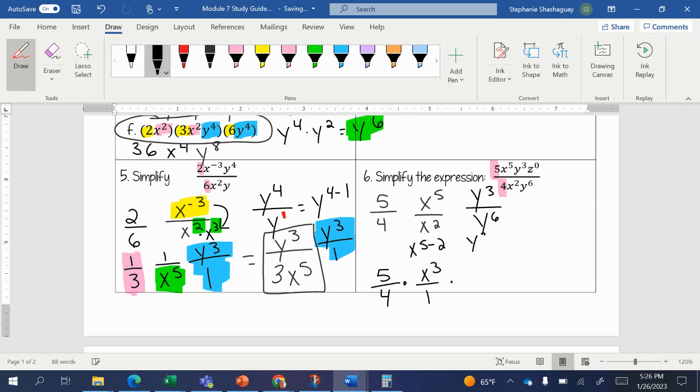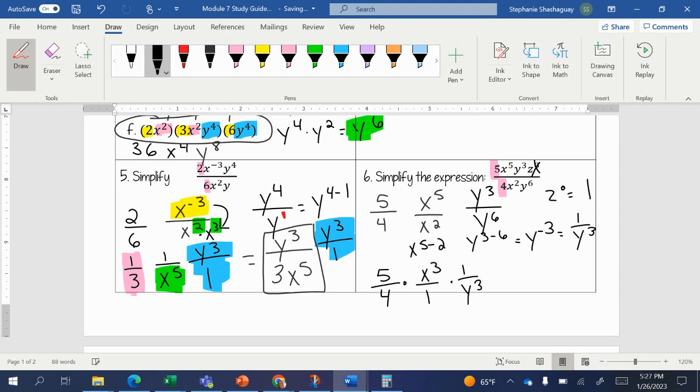Well, that's y to the power of 3 minus 6. So that's going to give me y to the negative 3. And again, when I have a negative exponent, that has to be written as its reciprocal to make that exponent positive. So I have 1 over y to the power of 3. And then z to the 0 is just equal to 1. So I don't have to do anything with that.